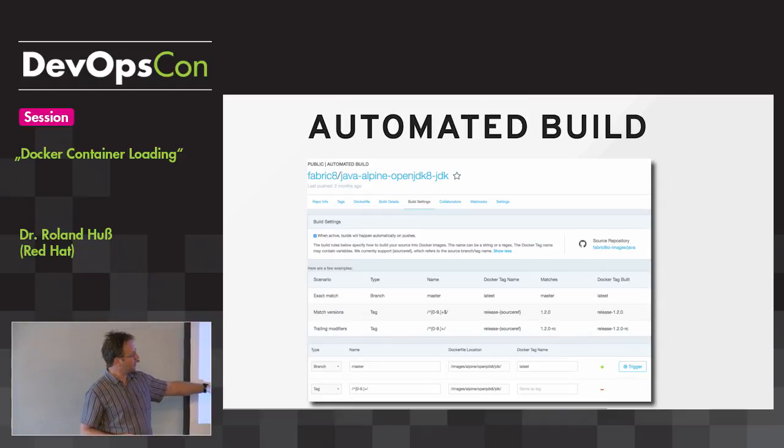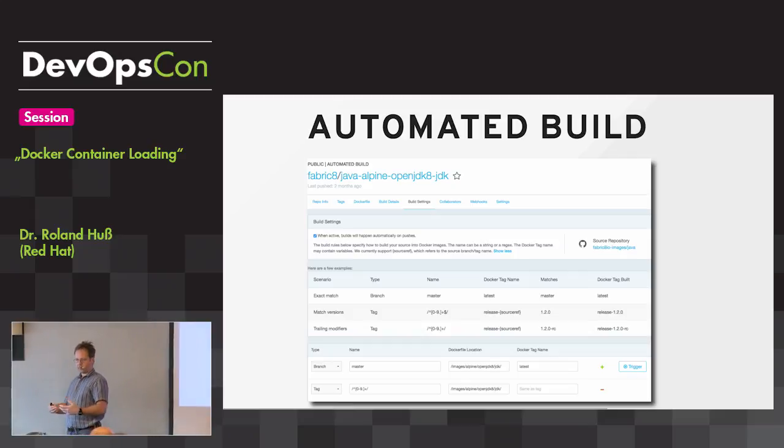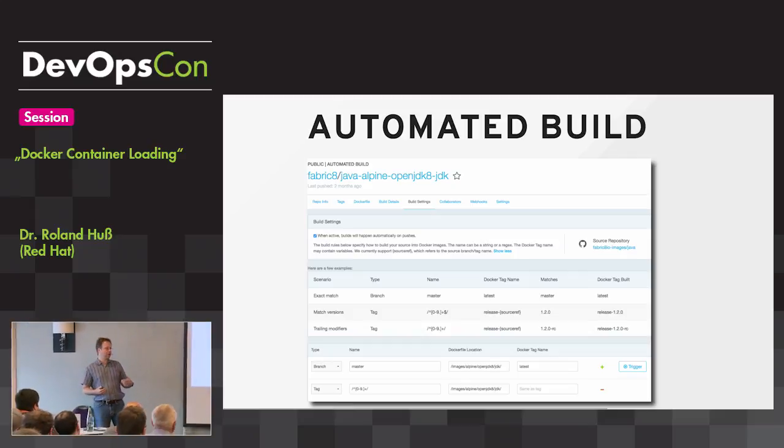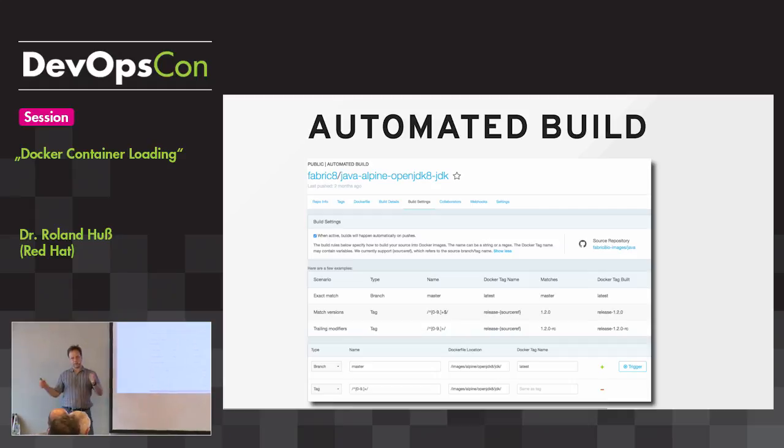The good thing is you can select the branch and the tag on your GitHub repository from where the Dockerfile should be fetched. But you can now also, for example, say that if I make a tag on GitHub, I can translate this to a tag on Docker Hub for the image itself.